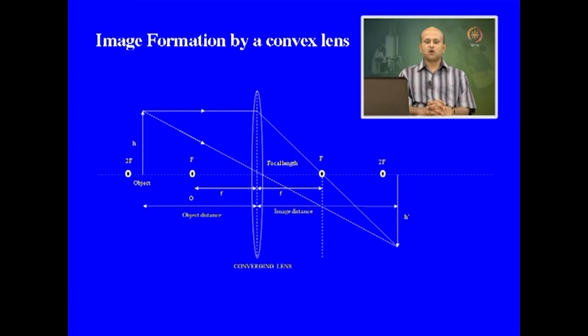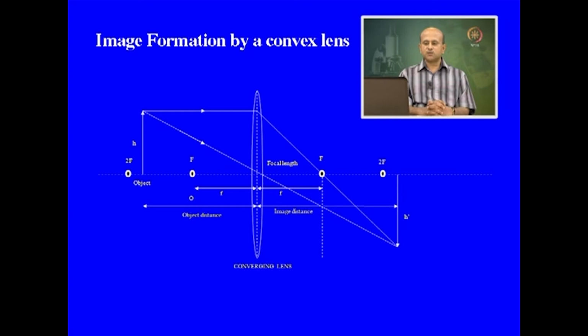The focal point is the point where the lens will focus all the parallel light rays which are falling on it. The length from the lens to the point where the light is focused is called the focal length, and the plane at the focal point is called the focal plane.